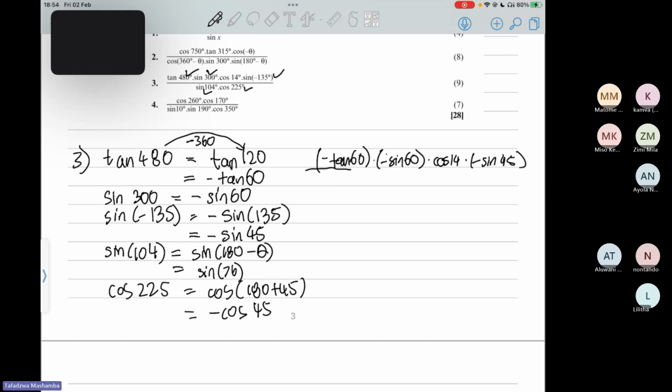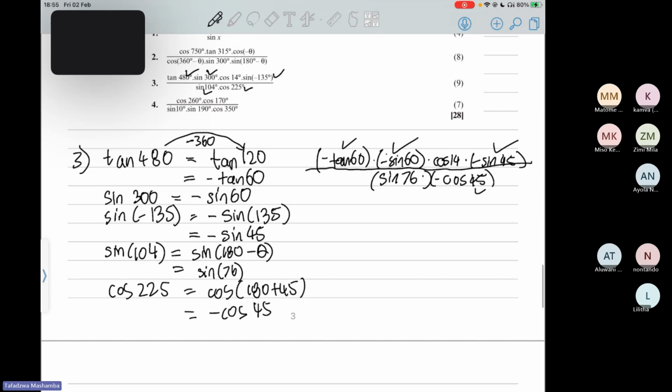And then all this over sine of 104 is just sine of 76. And then this is multiplied by negative cos 45. Out of this, we can simplify a lot. We can simplify this, this, and this. The only thing that's left is this 14 and 76.